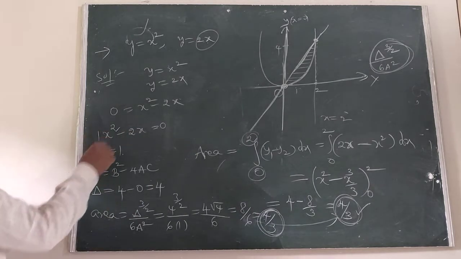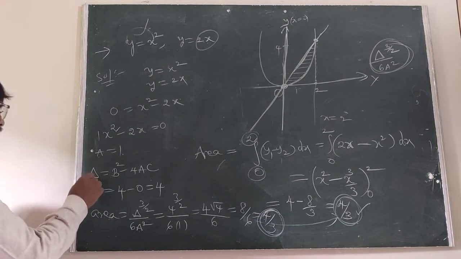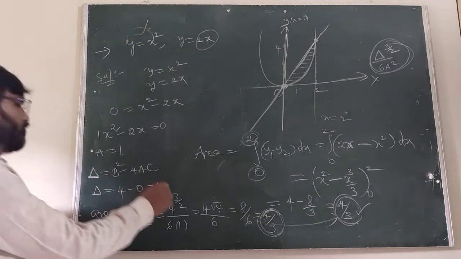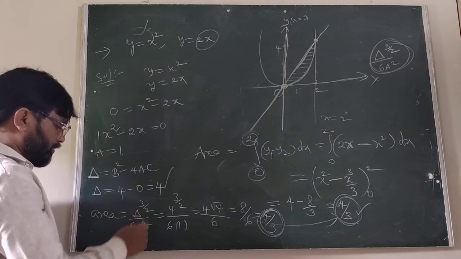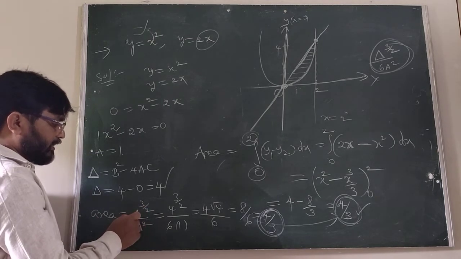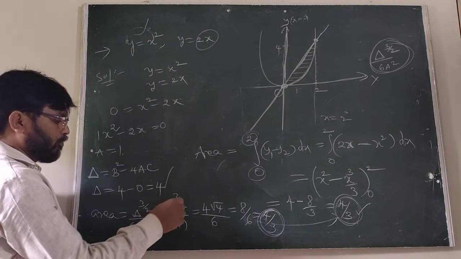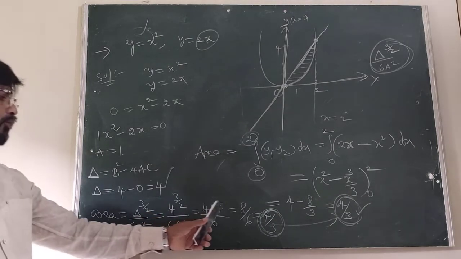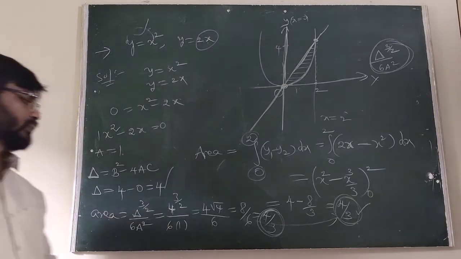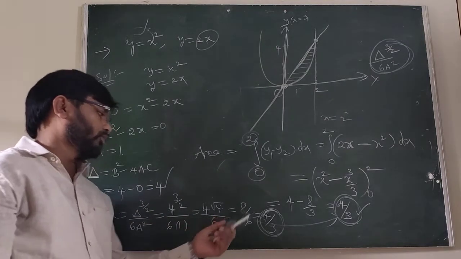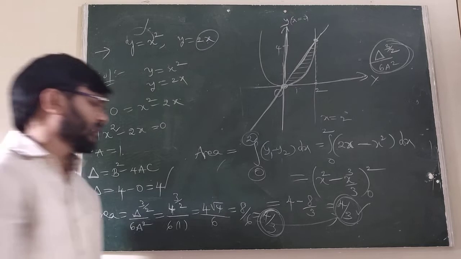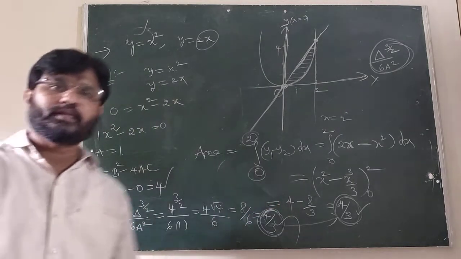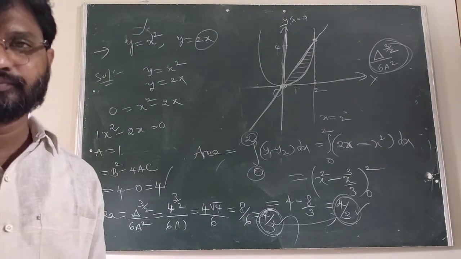The coefficient of x square is a equal to 1, and delta is b square minus 4ac, we got 4. The area is delta power 3 by 2 by 6a square. Delta means here 4. 4 power 3 by 2 is 4 into root 4 by 6. Root 4 is 2, 4 2s are 8 by 6. This is our required area. We can apply this or that method. Is it clear? Okay students.